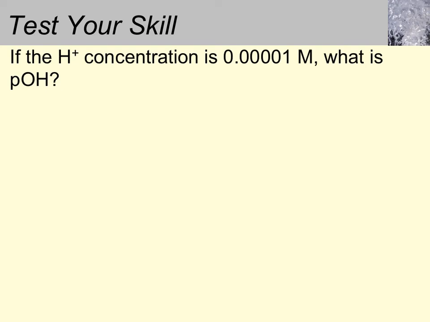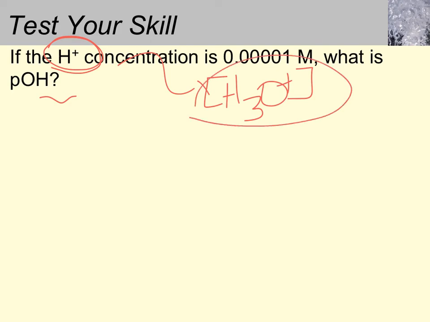So if I were solving this, I would again notice that I'm talking about hydronium ion concentration, right? Remember I said think of those as equivalent. And yet now I'm talking about pOH. So I have a mismatch here. They're asking for pH, so I'm going to try to convert this to OH or pOH.